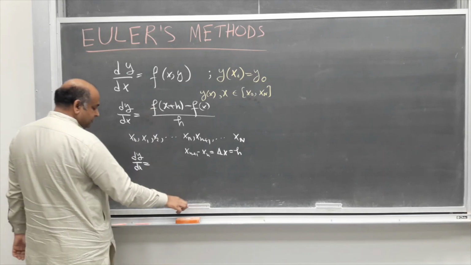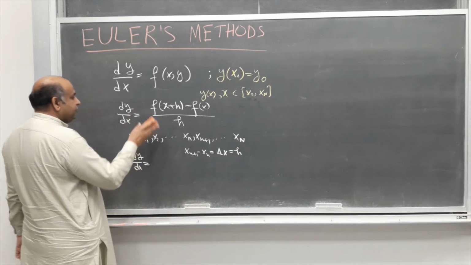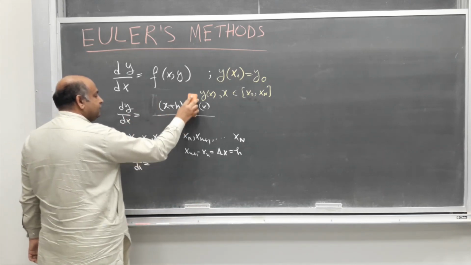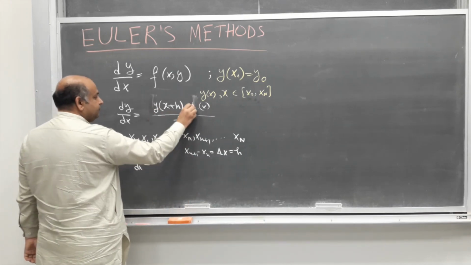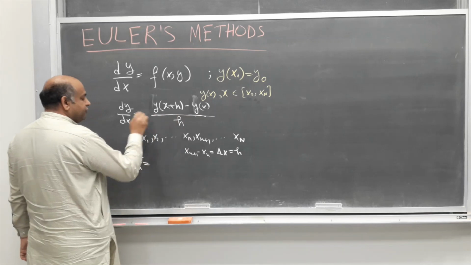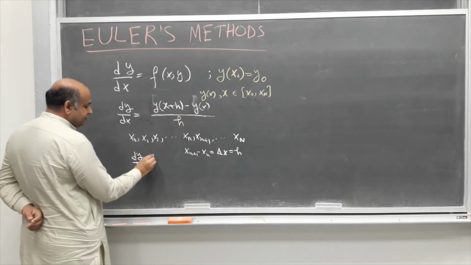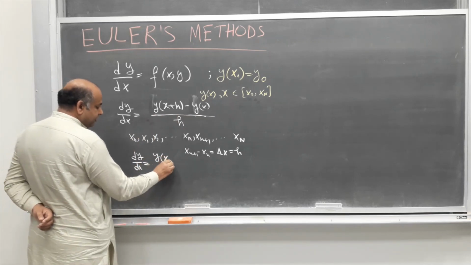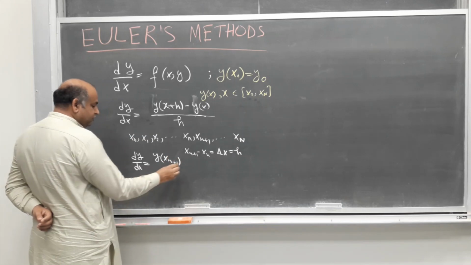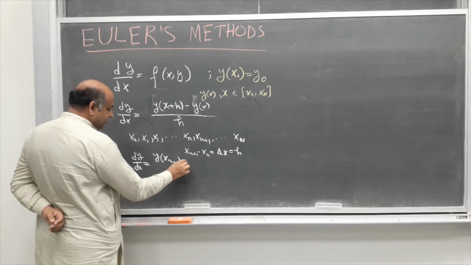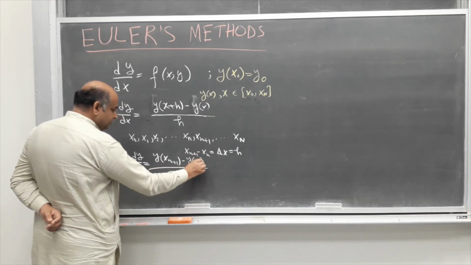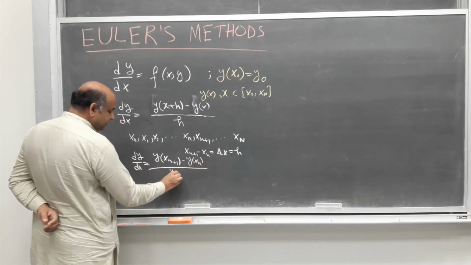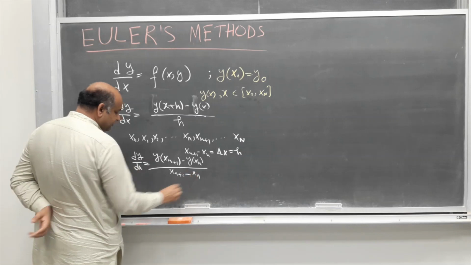Sorry, there's an error here. If this is dy by dx, we need to write the value of the function here. So dy by dx can be approximated to first degree in h as this difference divided by xn plus 1 minus xn.